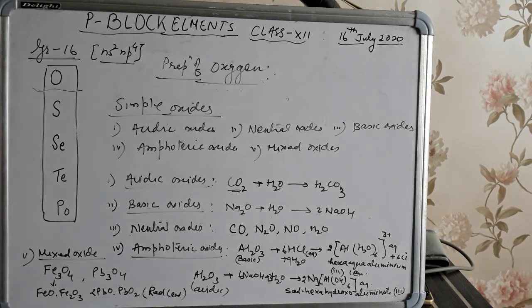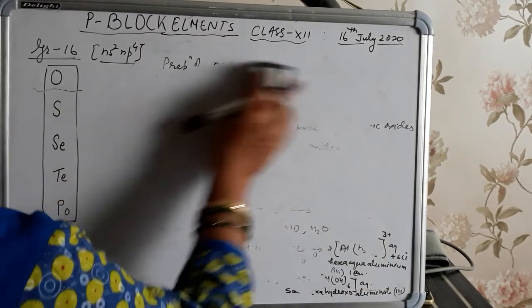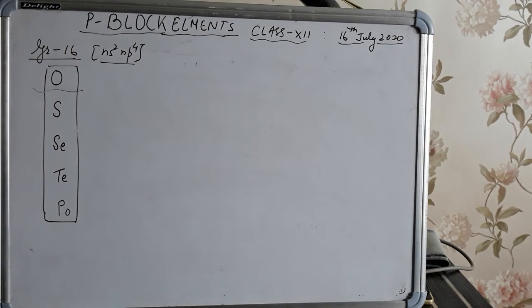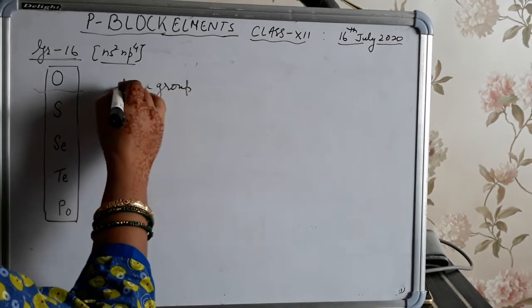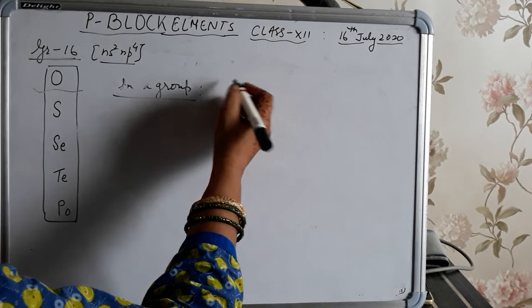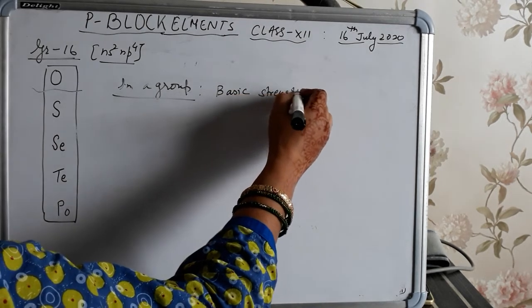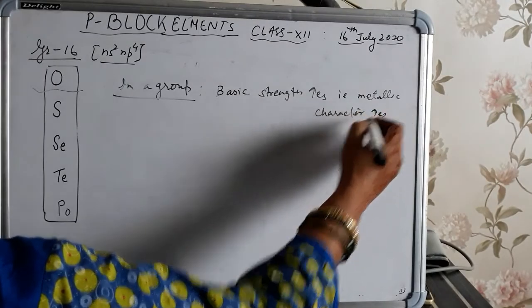Let's discuss the properties of oxides in a group or in a period. Students, at first in a group, for example group 1 or group 2, basic strength increases because metallic character increases when we move top to bottom.